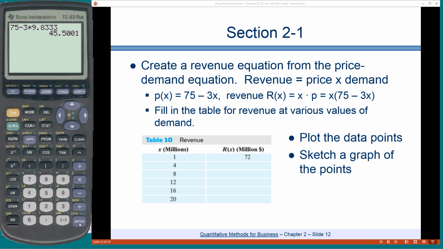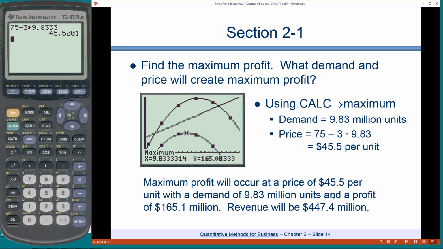tells me the price per unit for maximum profit is $45.50 per unit, and for selling 9.833 million units, will give me a profit of 165.1 million dollars. And this is the graph that we just got finished seeing.